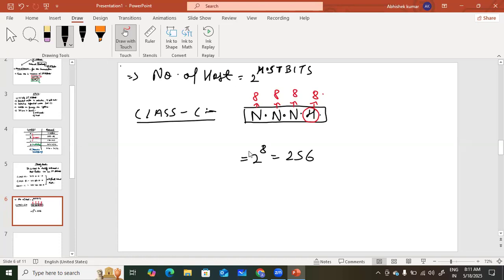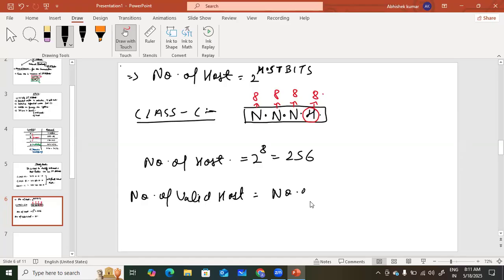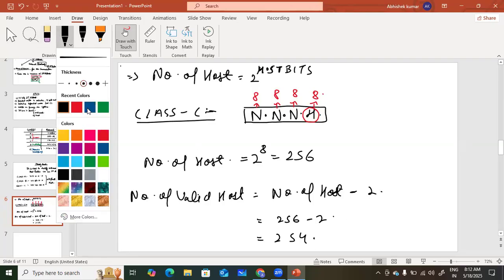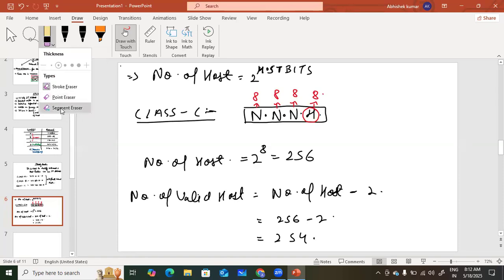This is the number of hosts. And if anyone asks you to calculate the number of valid hosts, it would be number of hosts minus 2, which is 256 minus 2, giving 254. All clear till here?